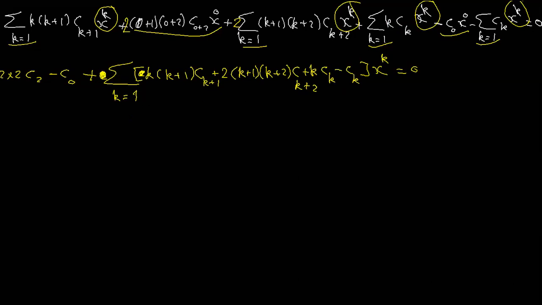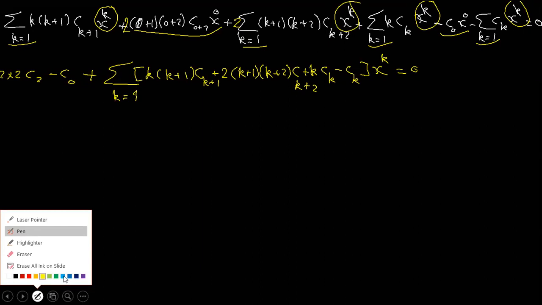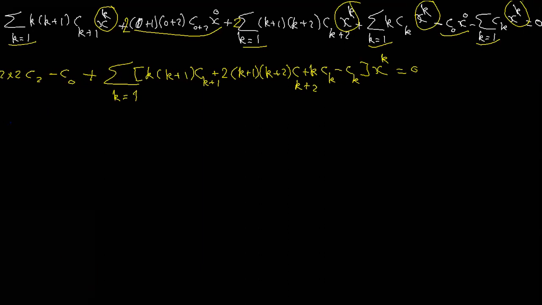Now for me, what I'm going to do, only to equate between the coefficients of x in the left-hand side and in the right-hand side, nothing here. So for me, the constant in the left-hand side, let me use the blue now, it's better, I think. In the left-hand side, 4c2 minus c0 equals 0.